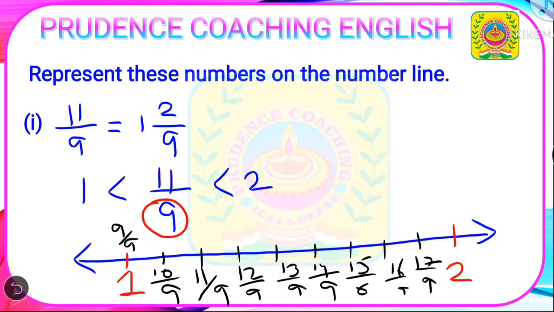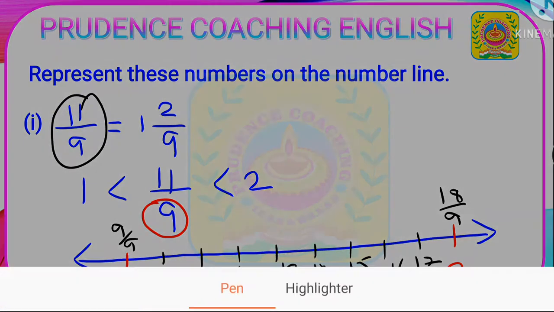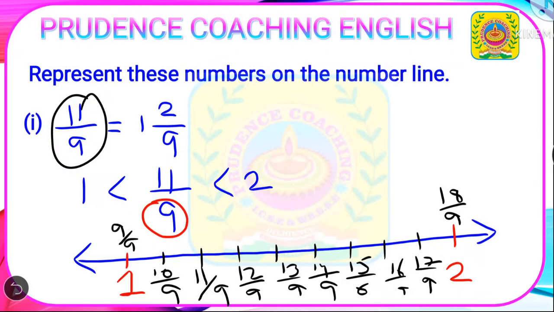Similarly, we can write this 2 as 18 by 9, and we all know that if we divide 18 by 9 we get 2. So ultimately we are done, and as in this particular question we need to represent only 11 by 9, our final answer will be this particular point, which is 11 by 9.